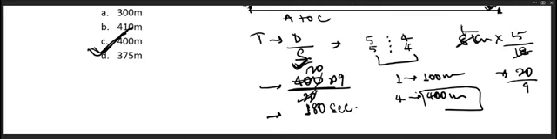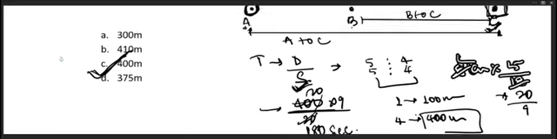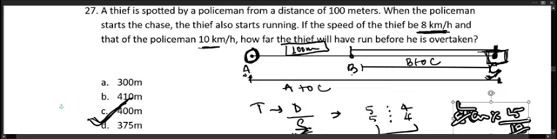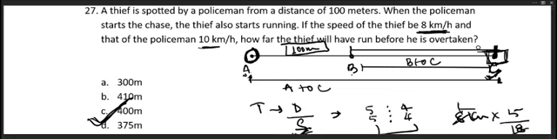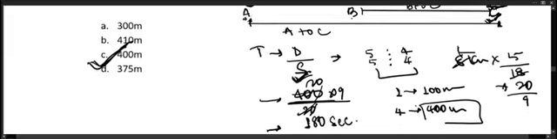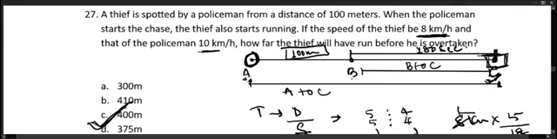And from here we get the answer as 180 seconds. So if we are asked to find the time taken by the thief to reach point C, then we will give the answer as 180 seconds.